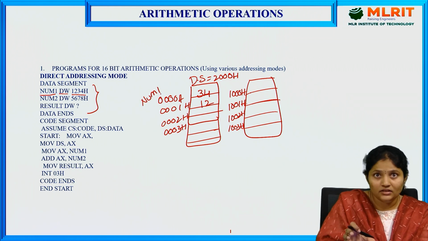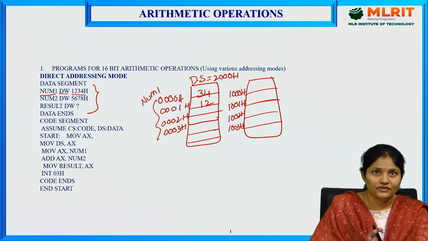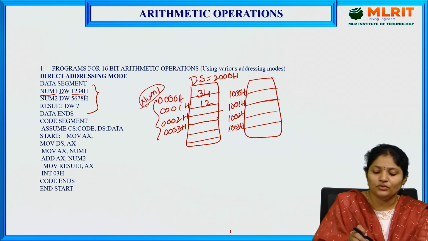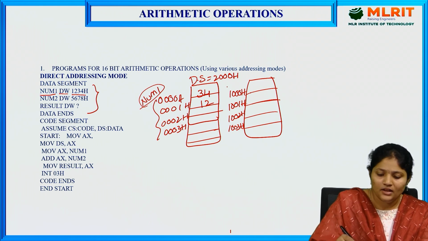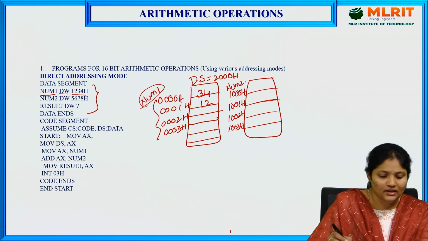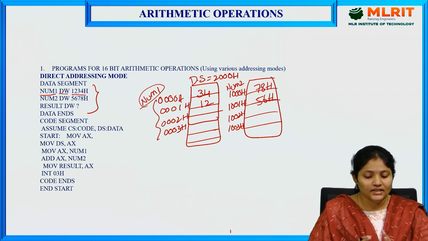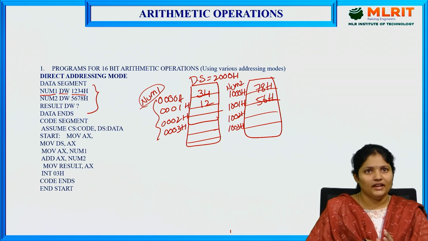The segment address is different; this will be called the offset address. This is the label given to this particular number stored in that memory location. Here I was storing number 2, and 78H will be stored here. So this is how we initialize the data in that data segment.